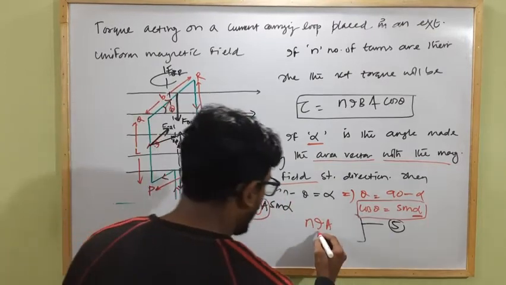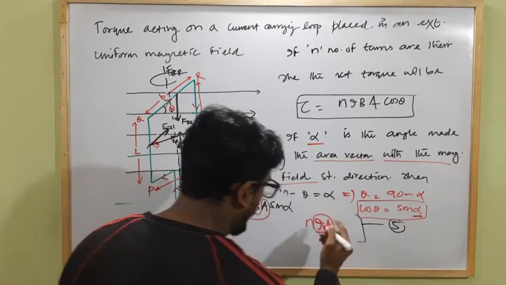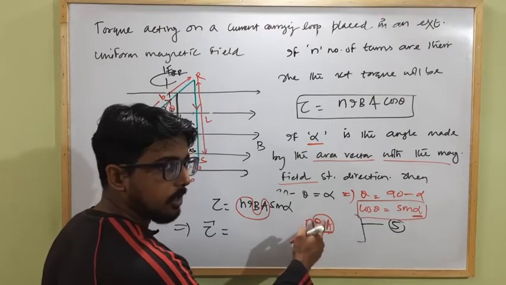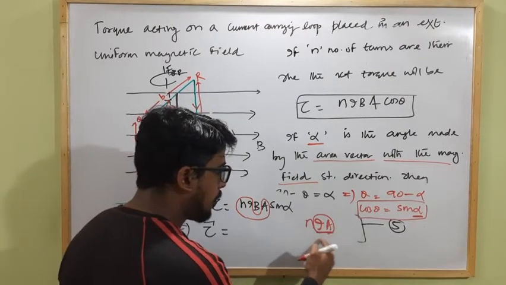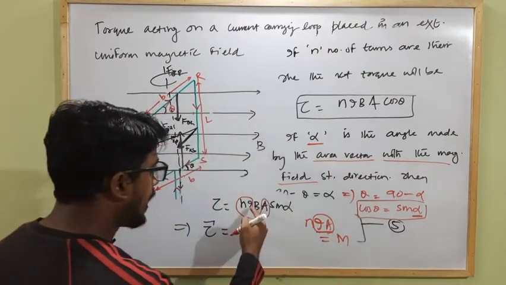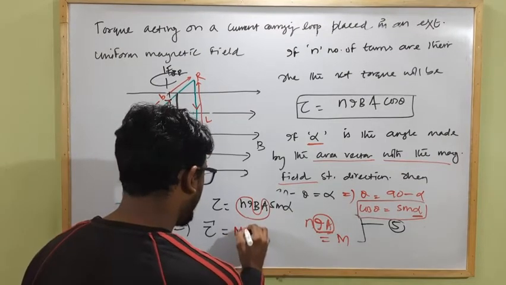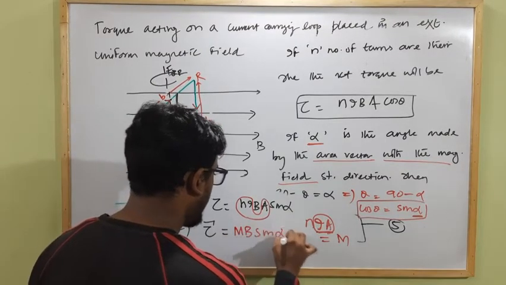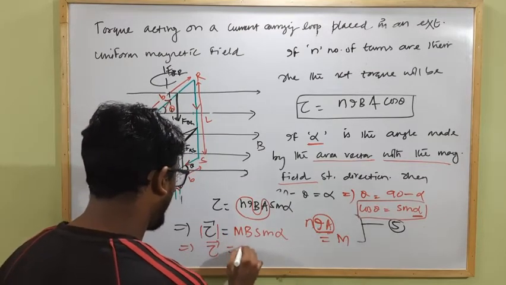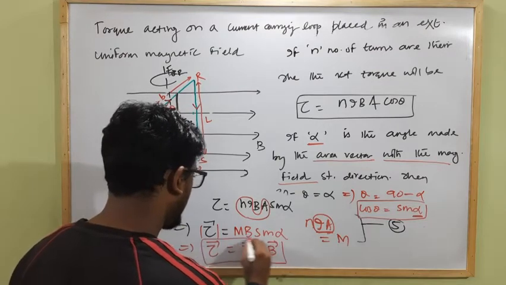We already know that I into A, current flowing through the loop into cross sectional area of the loop, will represent what? The magnetic dipole moment, and N is the number of turns, so this is the net magnetic dipole moment, which is represented as capital M. So NIA will become capital M, so it will become M B sin alpha, or this can be mod of it, and in vector form it will be M vector cross B vector. Clear?